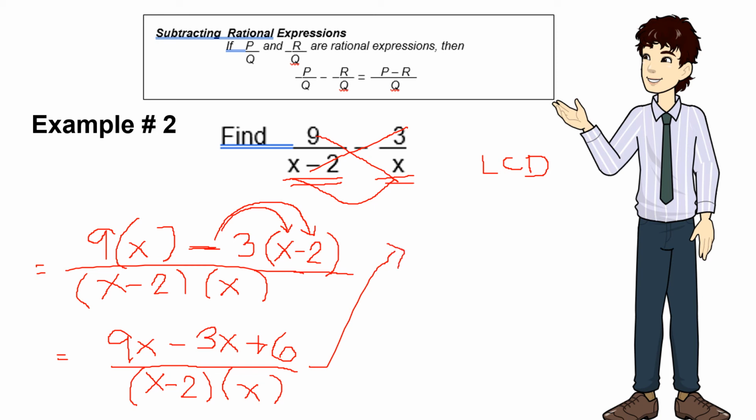So, simplify natin 9x minus 3x. So, similar terms silang dalawa. So, pwede natin siyang i-subtract. So, we have 9 minus 3. The answer is 6x. Copy lang natin yung 6 kasi nga hindi naman siya similar term.